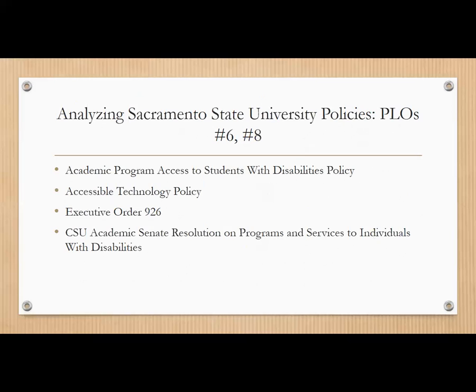The Accessible Technology Policy makes ample reference to the CSU Academic Senate Resolution on Programs and Services to Individuals with Disabilities, which gives detailed statements of support for students and CSU employees with disabilities, requiring accommodations, AT, and auxiliary aids.